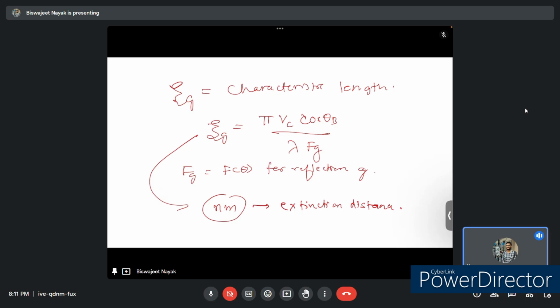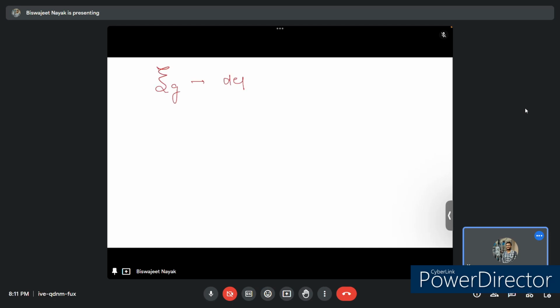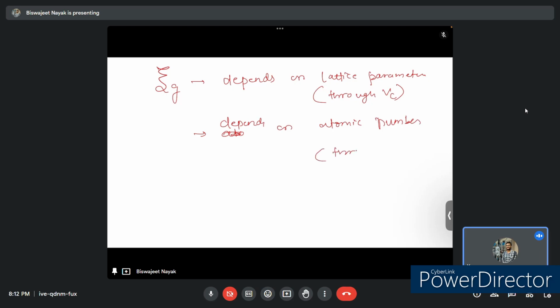This xi_g is a scalar, and it depends on the lattice parameter through Vc, on the atomic number through F_g, and on the energy through lambda.